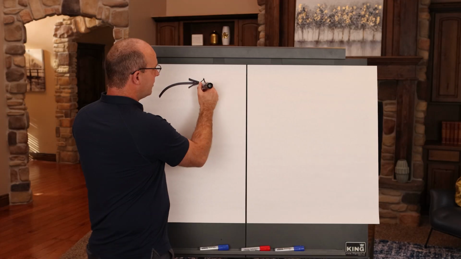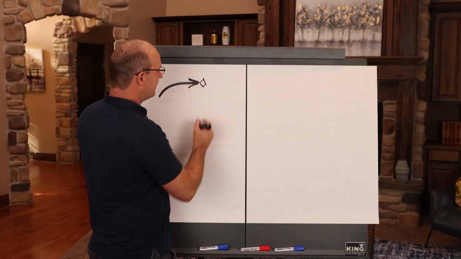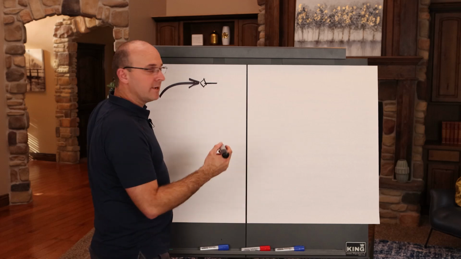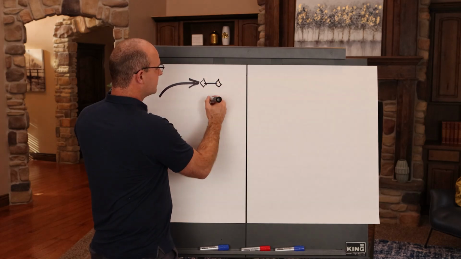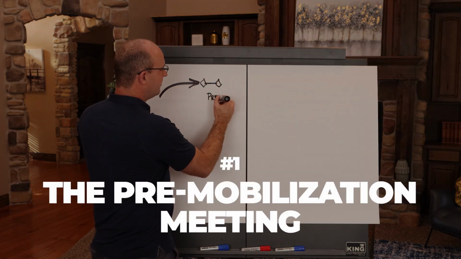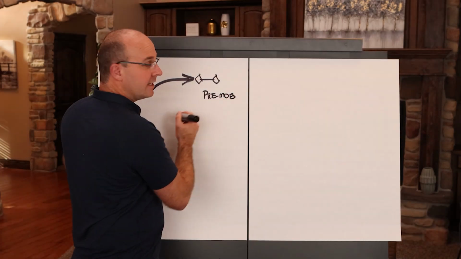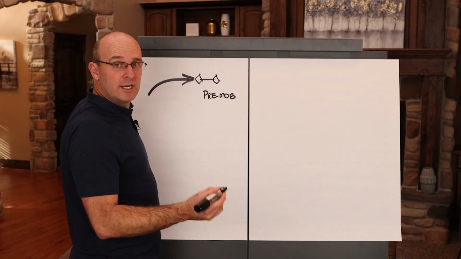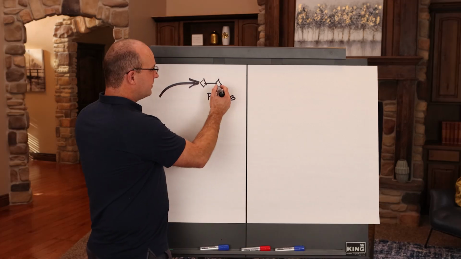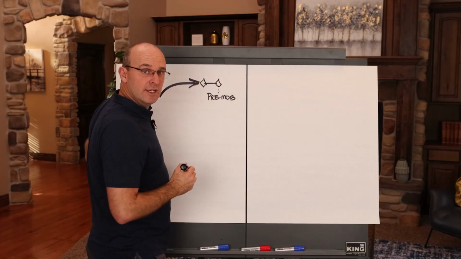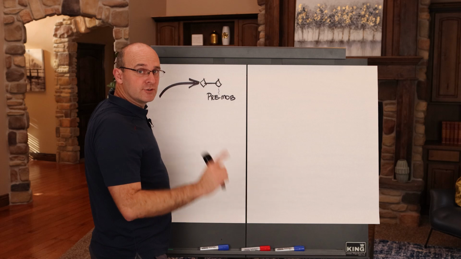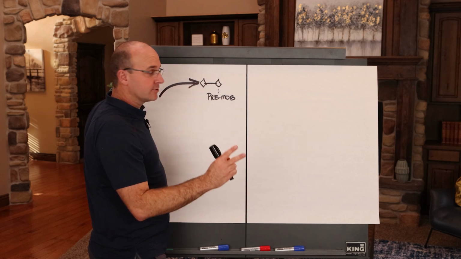Once we have a contract and that milestone is hit, we need probably within about 2 weeks to have what's called the pre-mob meeting. And this meeting right here is before the trade partner mobilizes, and this will explain clearly the requirements for the trade when they show up to the actual project site.